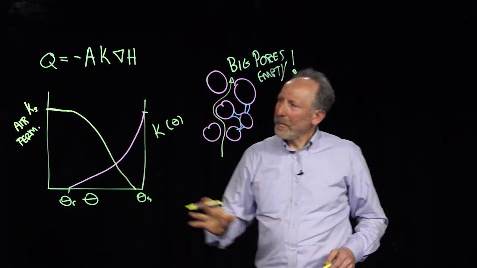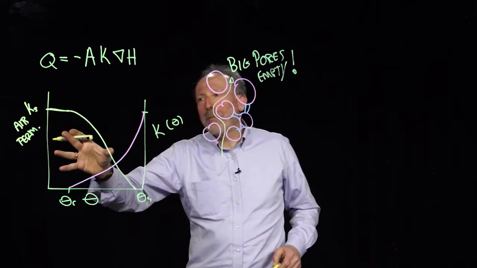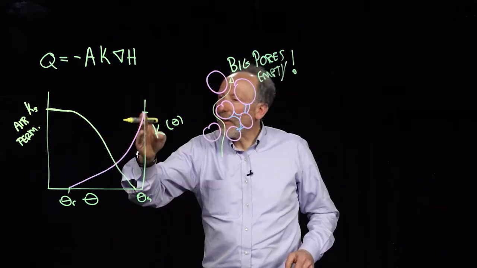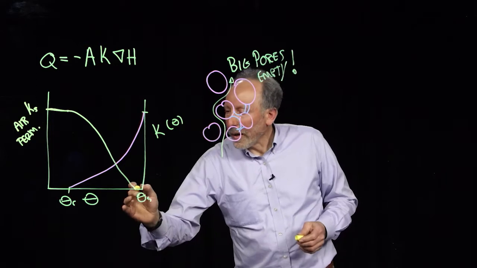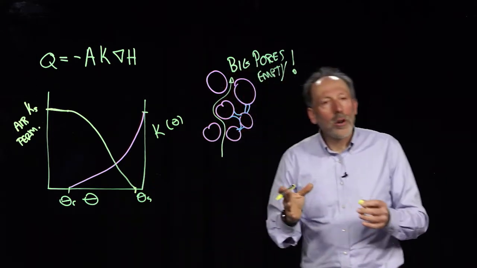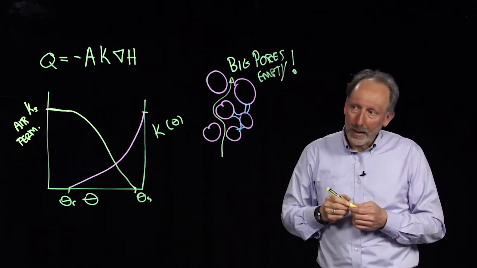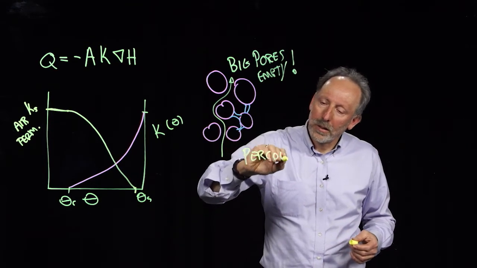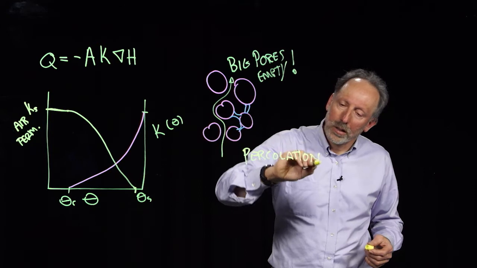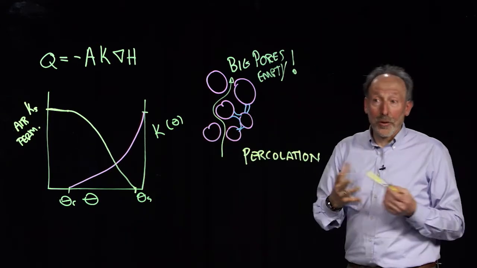Okay? And so we see that the relative permeability to air in soil is very different than that of water. We will get to a point where the air can no longer percolate through the soil. And so we have what we might call the percolation threshold.